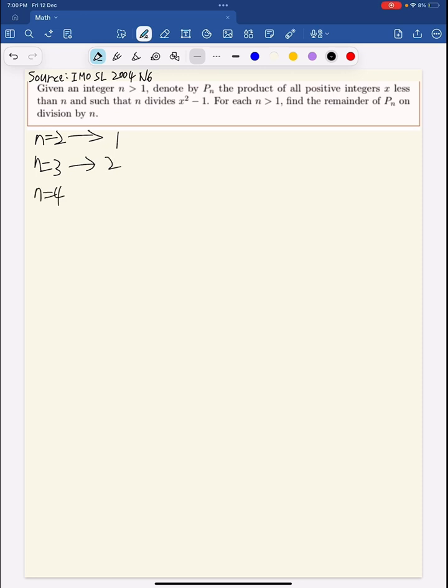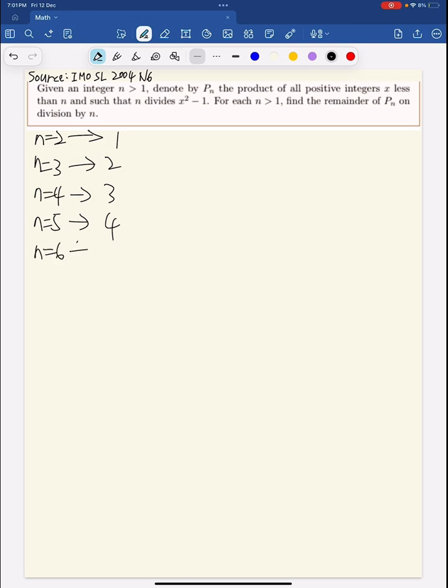N equals 4. After a bit of calculation, you'll see that 1 works, 2 doesn't, 3 works, so the answer is 3. N equals 5. A few moments later, you should get 4.